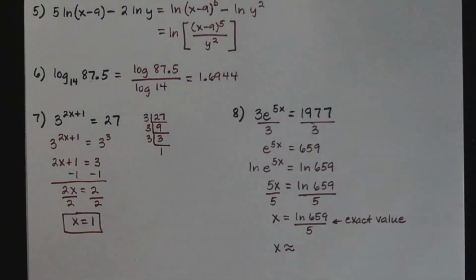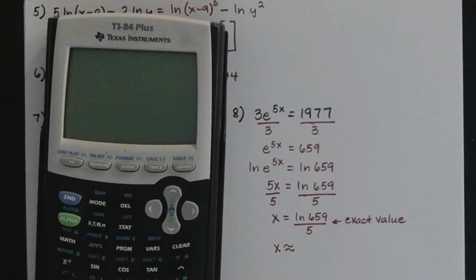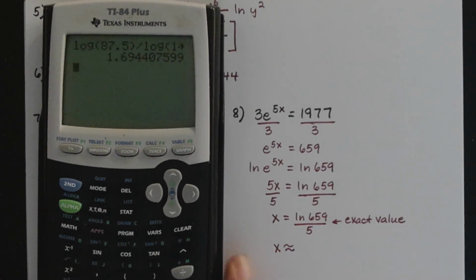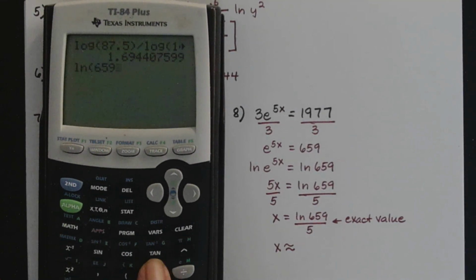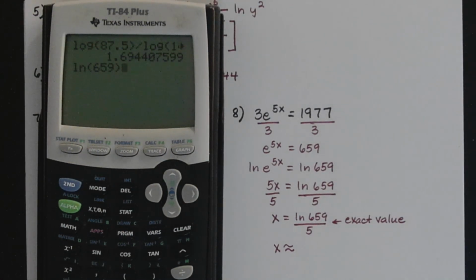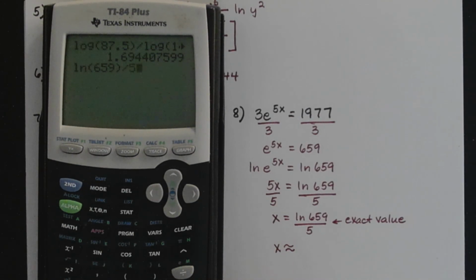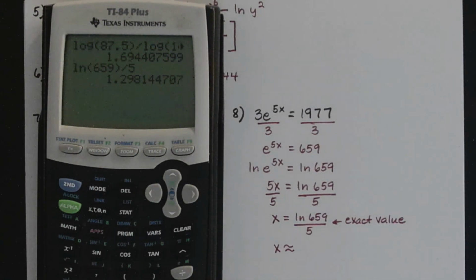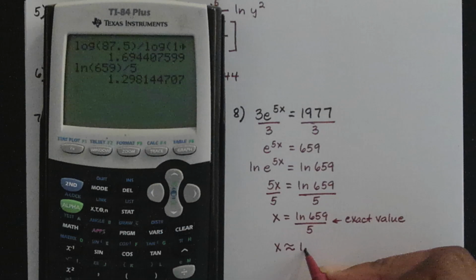So here we press ln and then type in 659 and then close the parentheses around 659, because whatever that's equal to is going to be divided by 5. Now, what would this value be to 2 decimal places? 1.30.